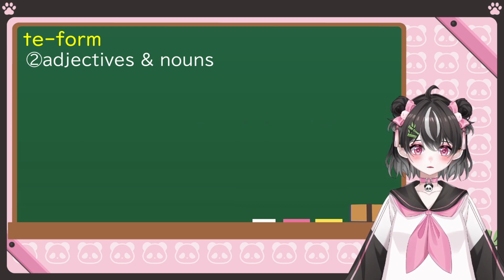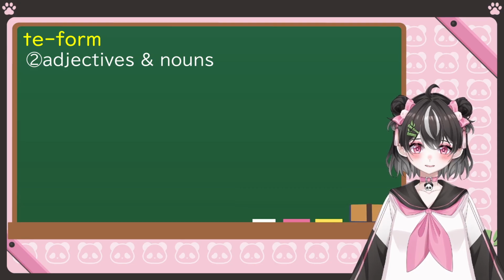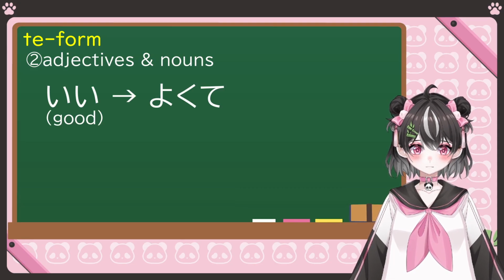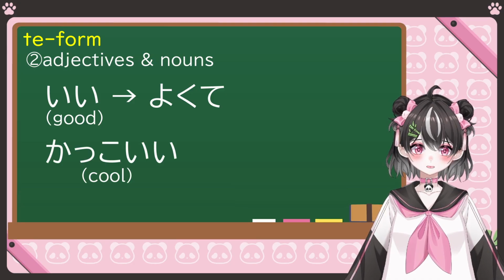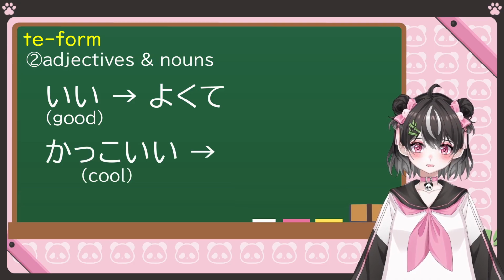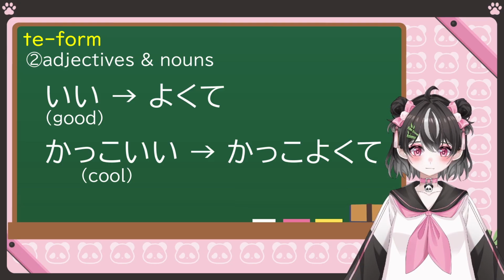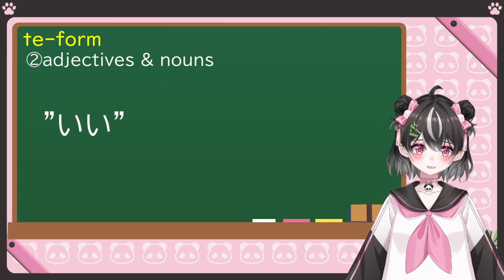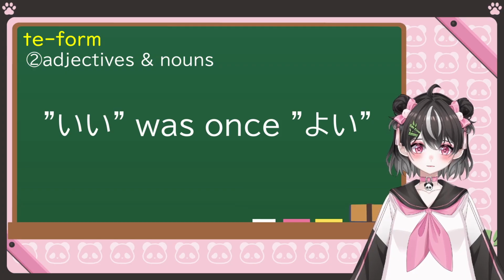There are a couple of exceptions. いい becomes よくて and かっこいい becomes かっこよくて. This is because いい originally came from よい.